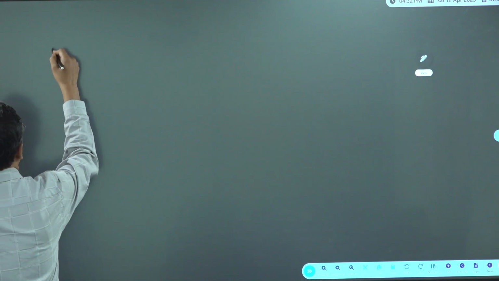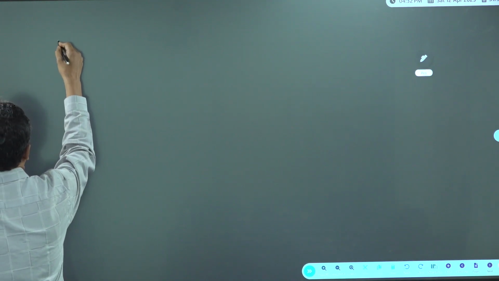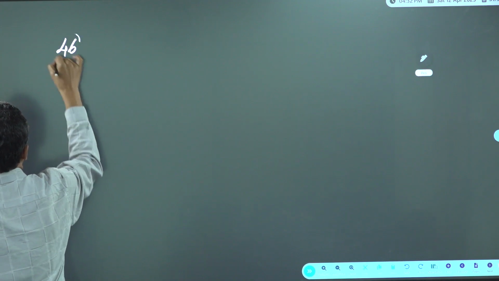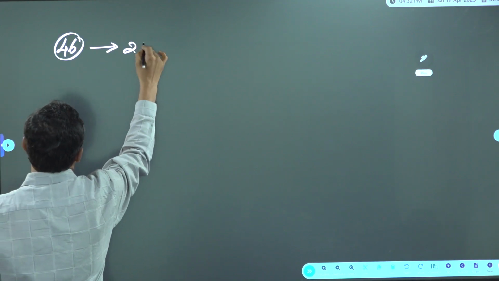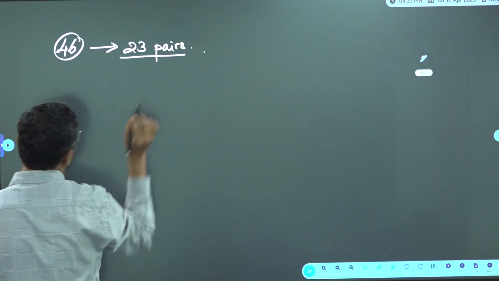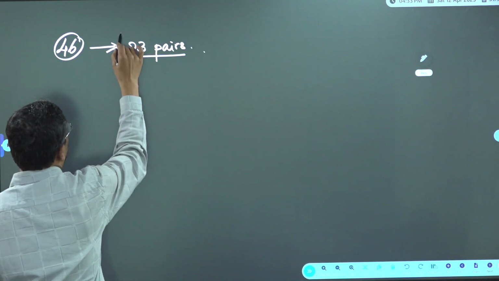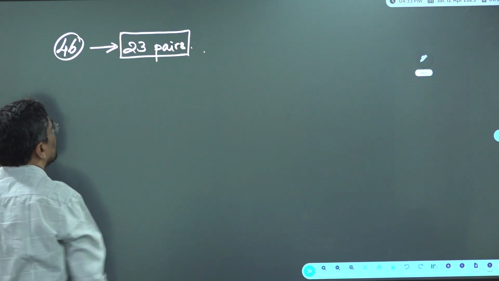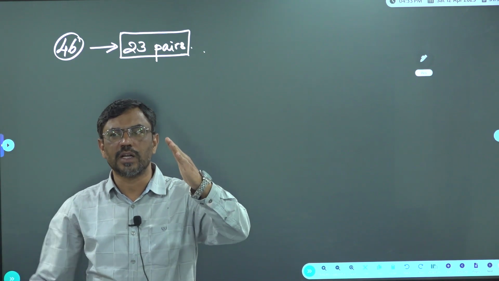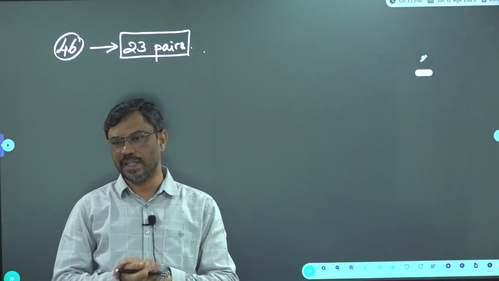Let us see chromosomal abnormalities. Actually, humans have 46 chromosomes, and these exist as 23 pairs. We have 46 chromosomes, which means 23 chromosomes came from the father and 23 chromosomes came from the mother.